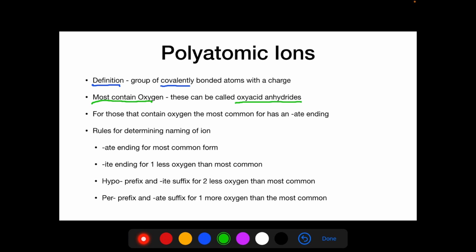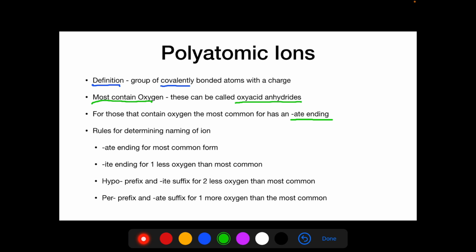For any of the polyatomic ions that contain oxygen, the most common form of it is given the ATE ending. The ATE ending does not determine the number of oxygens, and it does not determine the charge. It just tells you that it is the most common form.